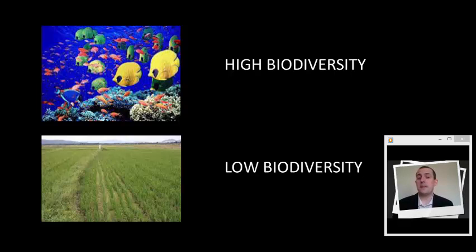Particularly if there are different types of food to feed on, then the different species can survive because they're all adapted to feed on different types of food. So when conditions are plentiful, biodiversity will be high, with a lot of different types of species breeding and living in that area.